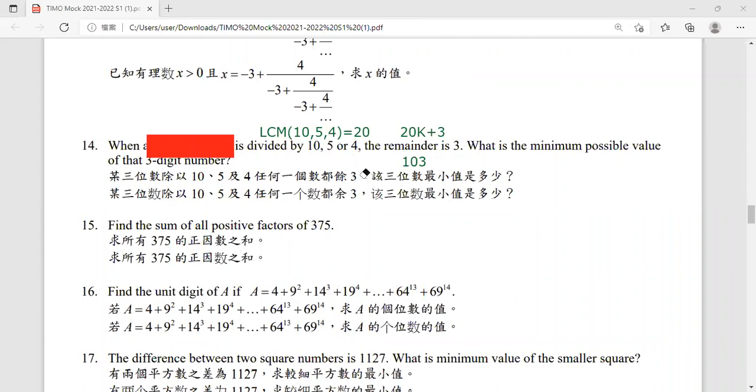The further condition is that it is a three-digit number and we want the minimum, so I calculate the multiple of 20 up to a three-digit number and add 3 to the answer. So it is 103.